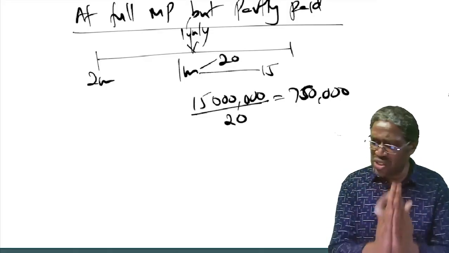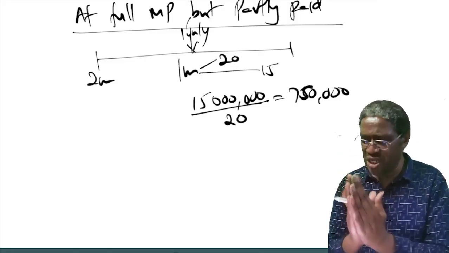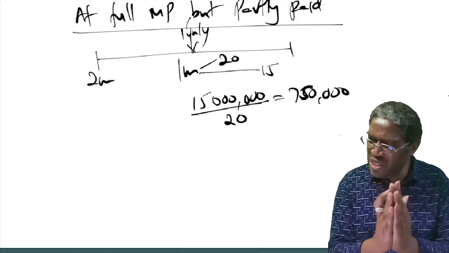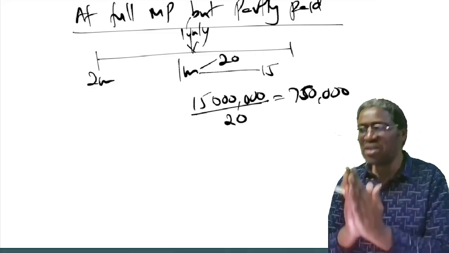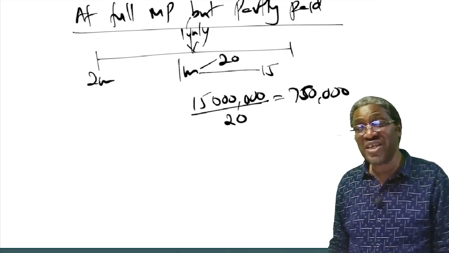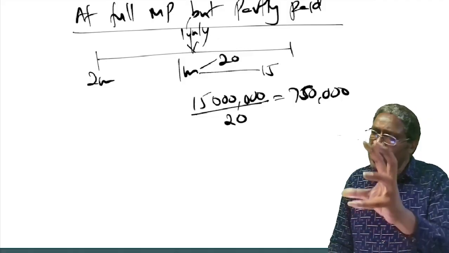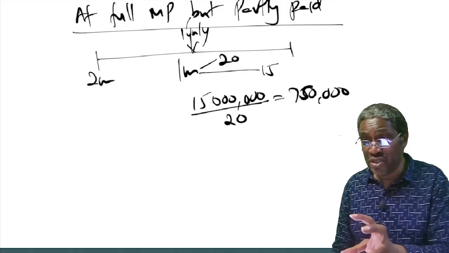So you will ask yourself, because we never pay dividends to partly paid shares, out of the 1 million, how many shares will participate in dividend? Because we don't pay dividend to partly paid, we shall only pay dividends to the shares that are considered to be fully paid.